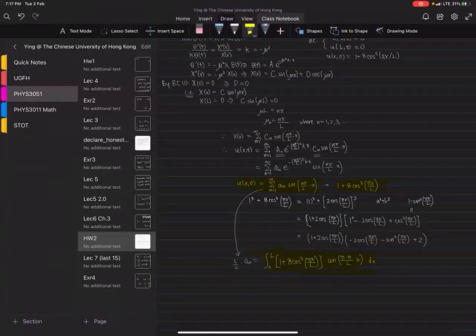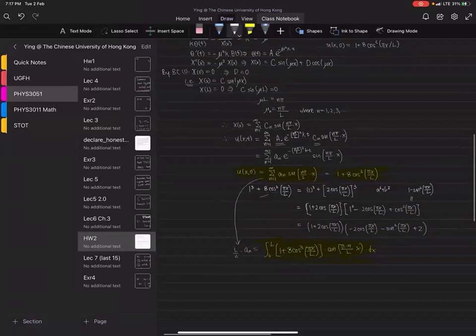So you have the 1 plus cosine cubed here. The very first thing you can do is to write cosine cubed as the product of cosine times cosine squared. Then for the cosine squared, you can use a double angle formula.